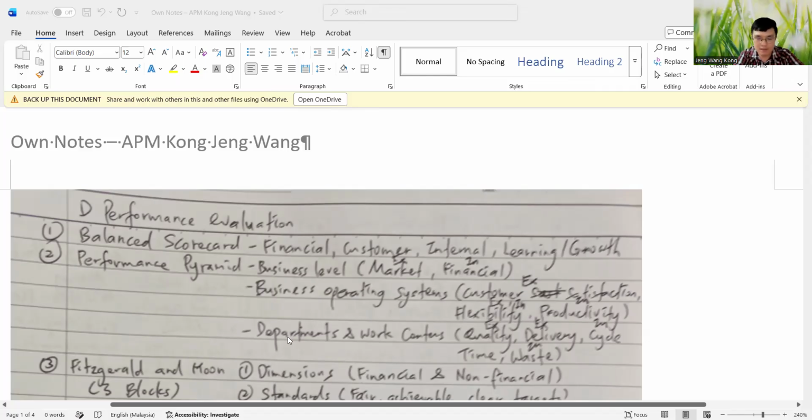So the bottom level is the departments and work contents. Here we have quality and delivery, which are external, and then cycle time, which is internal.